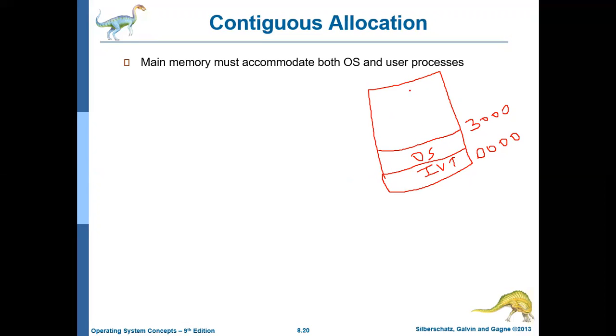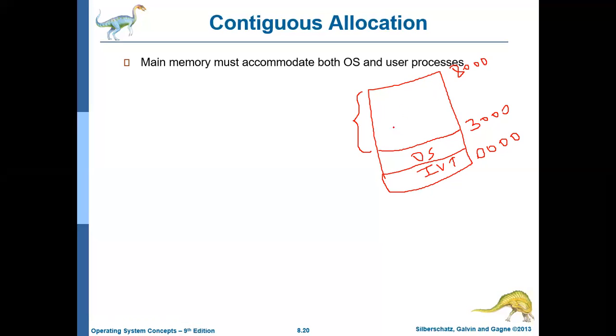The remaining space will be used by the user processes. Let us assume the memory has 8000 locations in total. Now these 3000 to 8000 addresses will be used by user processes.